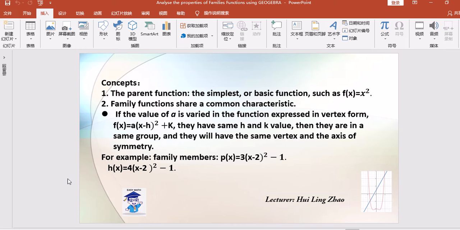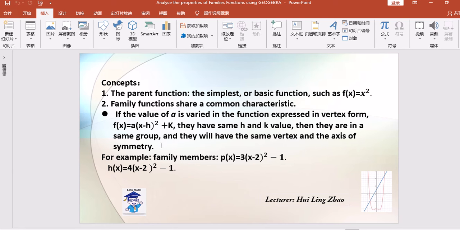Next, family functions share a common characteristic. If the value of a is varied in a function expressed in vertex form, f(x) equals a times (x minus h) squared plus k, and they have the same h and k values, then they are in the same group.